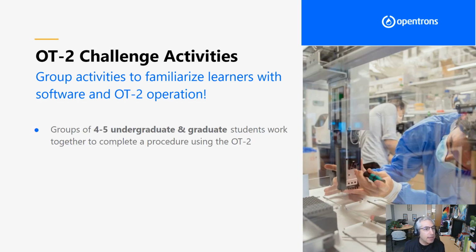To do this, these students worked together to successfully complete a procedure using the OT2. The teams began with food coloring and just calibrating the instrument, making OpenTrons logos, doing patterns with food coloring at 96 and then 384 well plates.